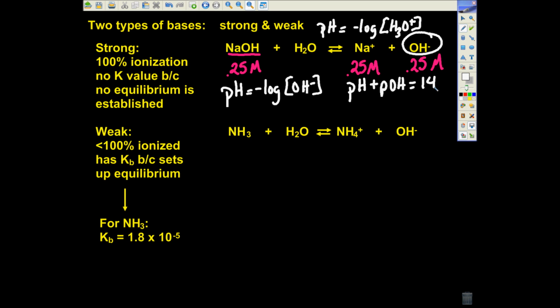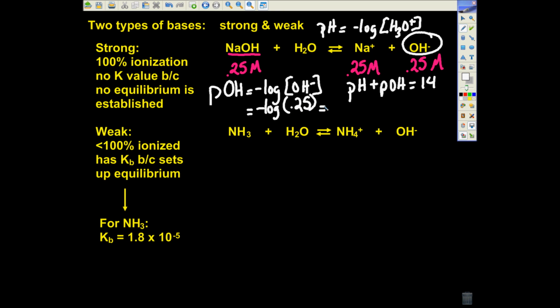I'm going to calculate the pOH first. So in this, it's going to be equal to negative log of 0.25.